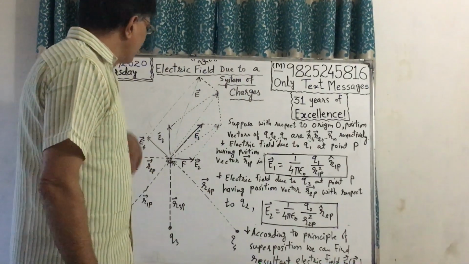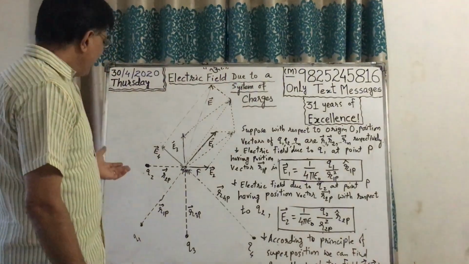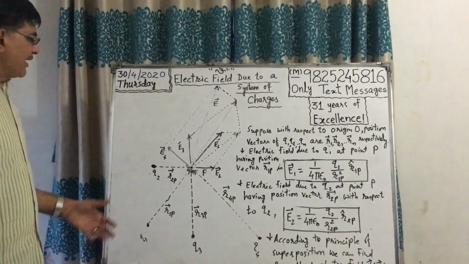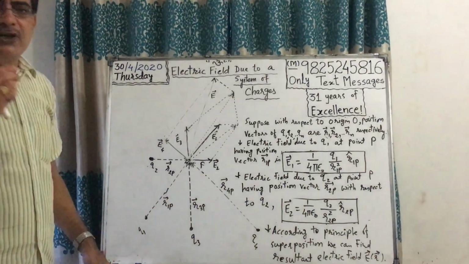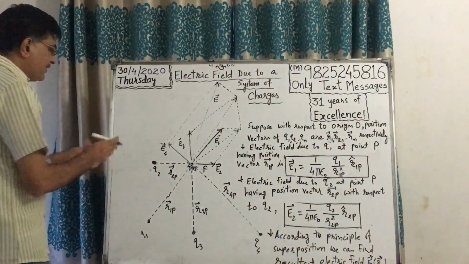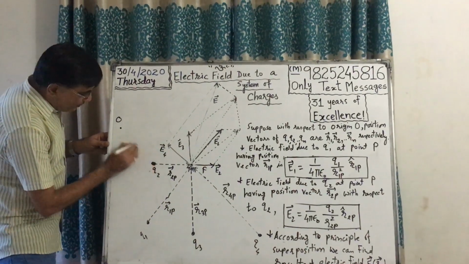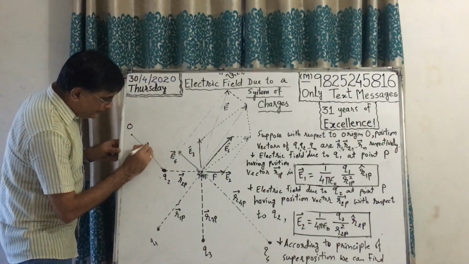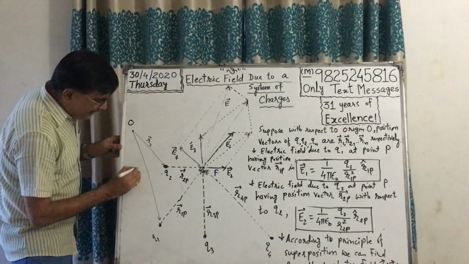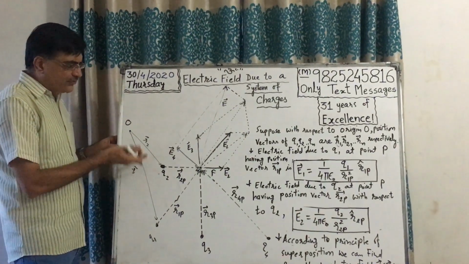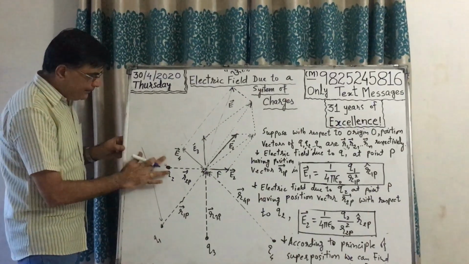Here we have considered 4, but there may be many charges that I have not shown, because if I show the position vectors of these charges, the figure will be very complicated. Suppose O is here. Then the position vector of this Q2 is R2, and the position vector of this Q1 is R1. If I draw all these position vectors, the figure will be very complicated, so I won't draw it.